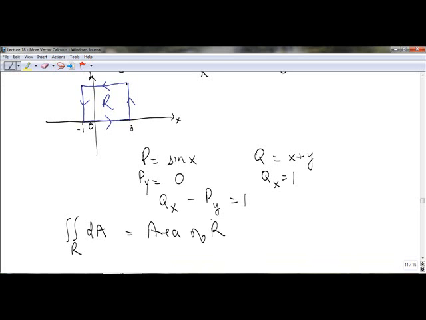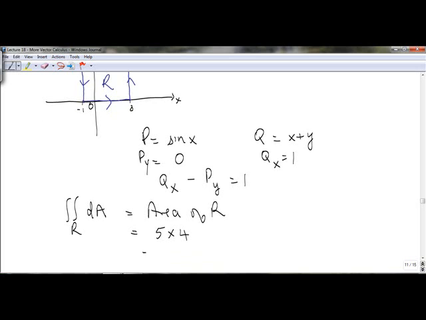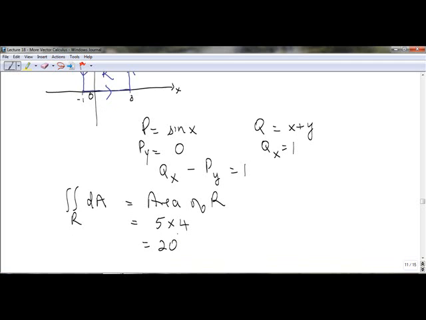Saves time. What's the length? I think this is a 5. 5 times 4, that's 20. Done. We did not even have to do any integration. Isn't that lovely? I could solve areas of rectangles all day. Of course, that can be allowed in the test, and I would advise you to do that. If you see something like that, don't waste your time integrating.